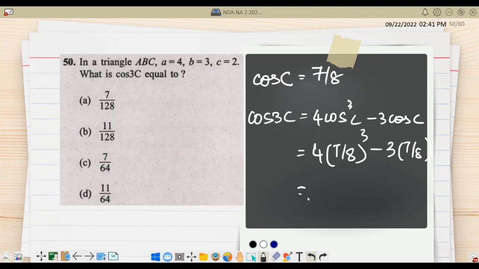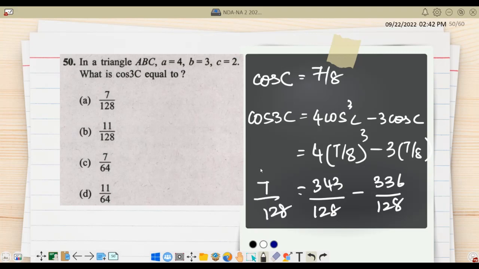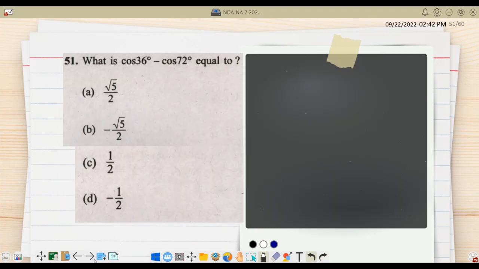So simple calculations. You're going to get 343 divided by 128 minus 336 divided by 128, that's going to be 7 by 128. Option A is your answer.